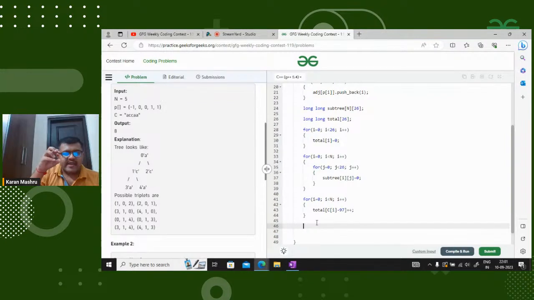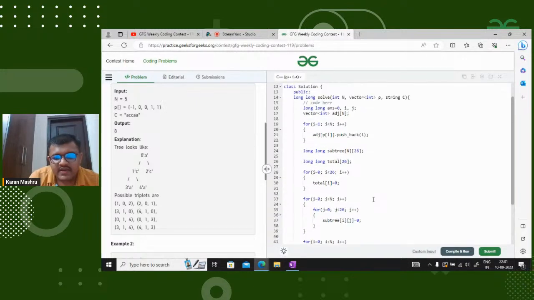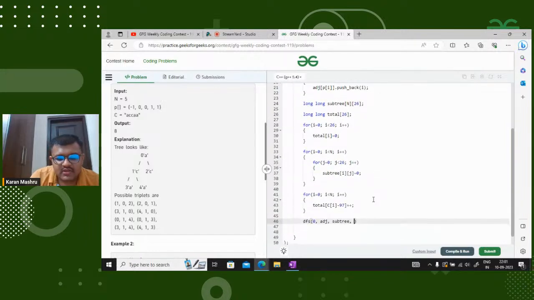Now the subtree count, how many times the jth character is present in the subtree of i, we will count it after calling a DFS, right? So let us call it. Let us call a DFS starting from the 0th index, and we'll pass the adjacency list. We need to pass the subtree array, and we need to pass the string C, right?